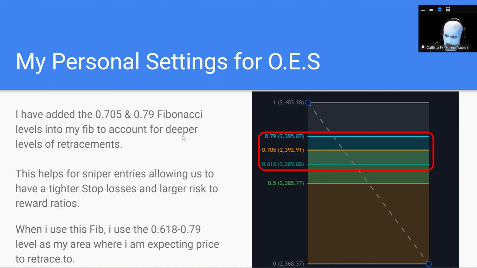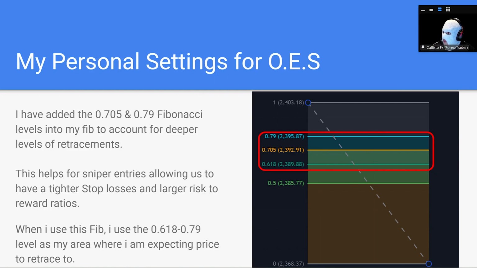Creating a deeper level of retracement. And sometimes we don't know how to capitalize on those because price retraces so deep. Is it going to break structure? Is it going to completely reverse and render this Fibonacci retracement tool useless? We don't know, right? So that's why these levels here I've included are used to help us identify deeper levels of retracements and potential areas of confluence to help us look for potential buys and for potential sells.